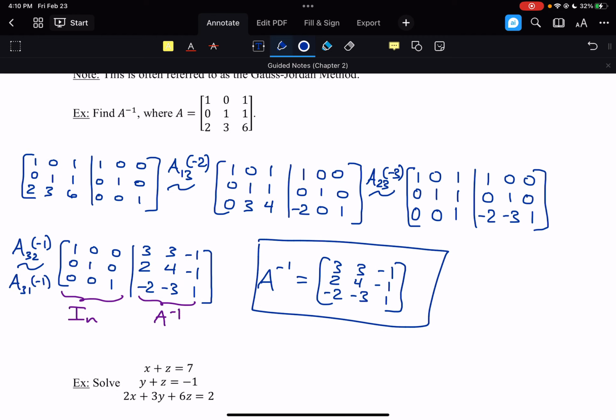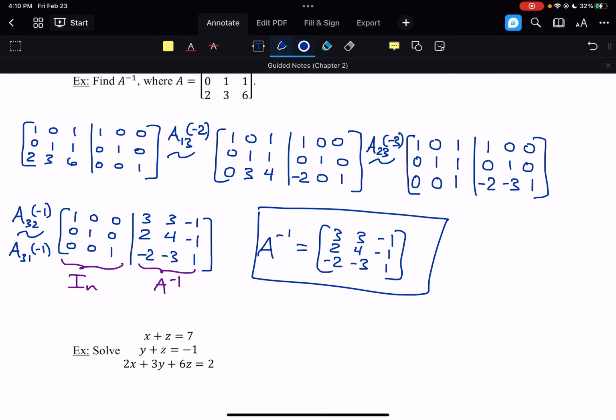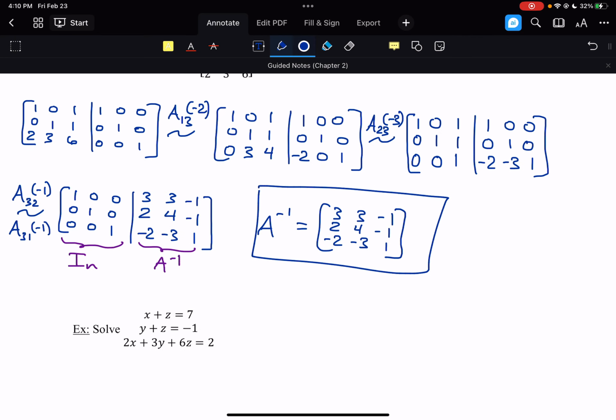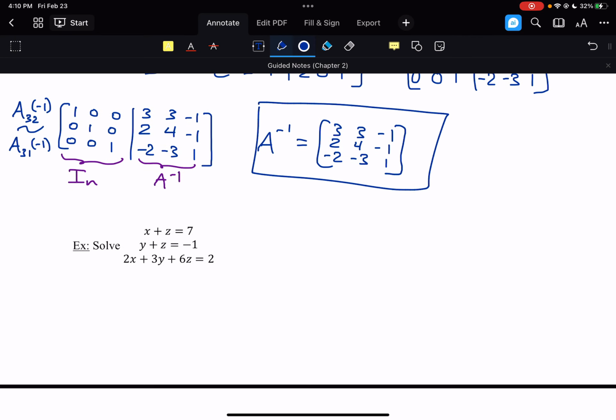Now, we had talked a little bit earlier about the idea of these matrices being able to help us solve linear systems. So here's an example right here. If we take a look at this linear system here, let's turn this into a matrix of coefficients.